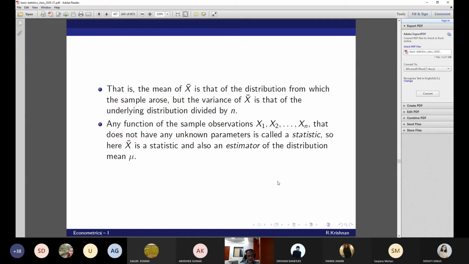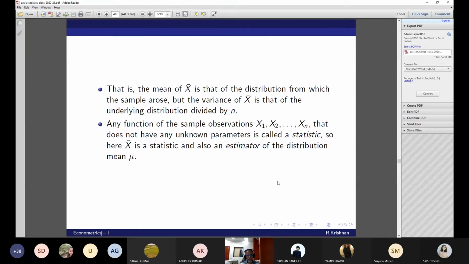That is a statistic that has been expressed completely in terms of known values. Similarly for sigma square and all those things, then it is called a statistic. So here x bar is a statistic and also an estimator of the distribution mean mu. So x bar is now calculated in terms of given sample values.